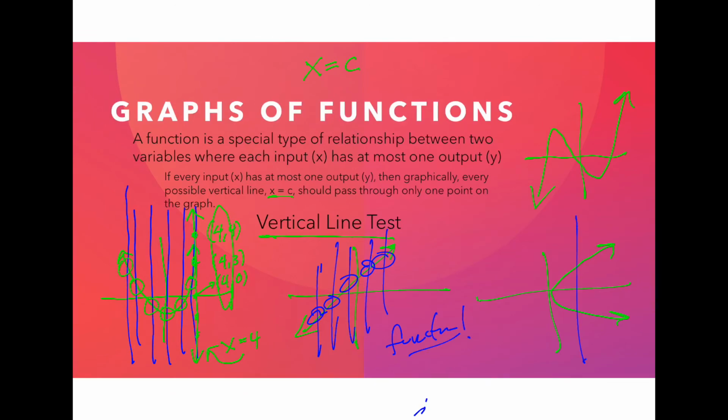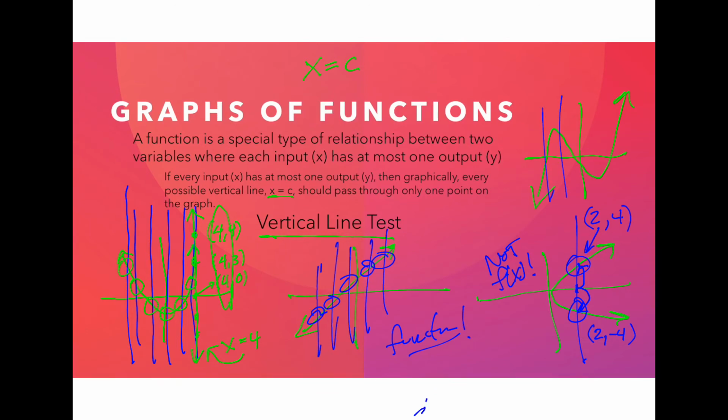But when we come down here, notice with my sideways parabola, this one x is giving me multiple inconsistent y's. Say, for example, this might be 2, 4, and this might be 2, -4. Either way, we have the same input giving us different y outputs. That would mean this is not a function.